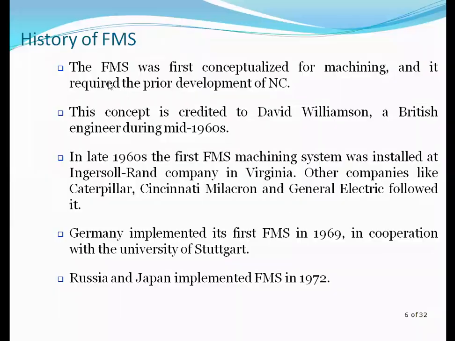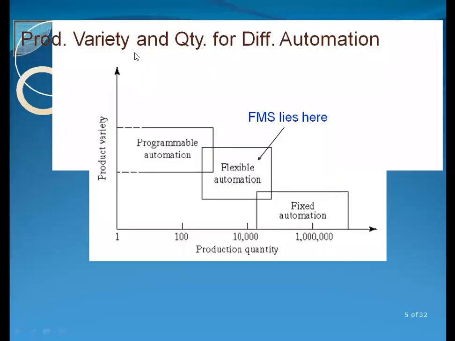Next, where is this flexible manufacturing system used? You know this graph. These are the types of automation: programmable automation, flexible automation, and fixed automation. Draw the graph of production quantity versus production variety, and you will get this graph.